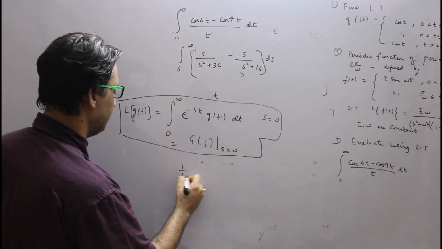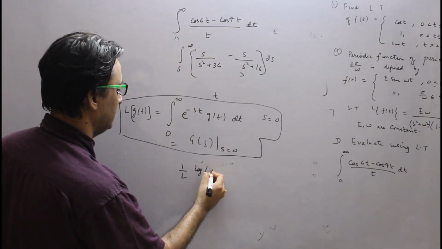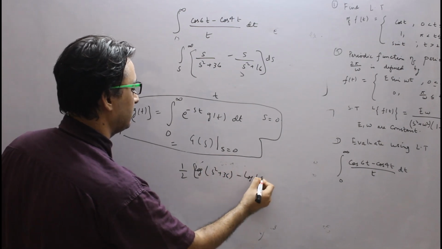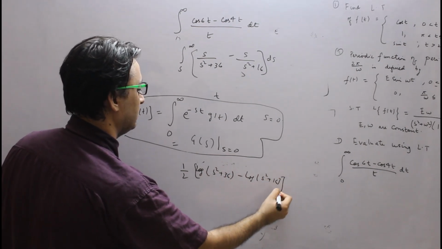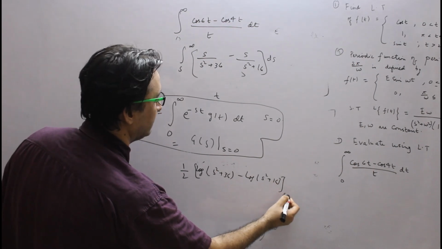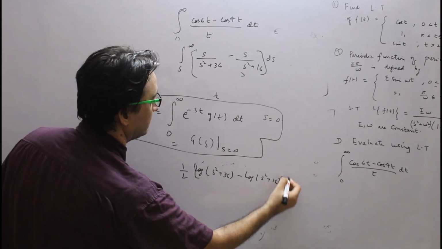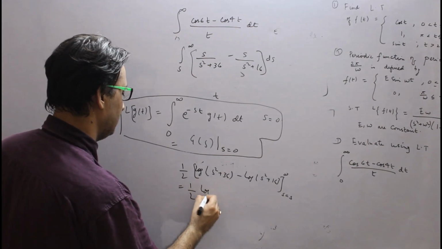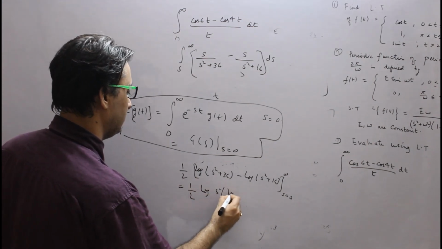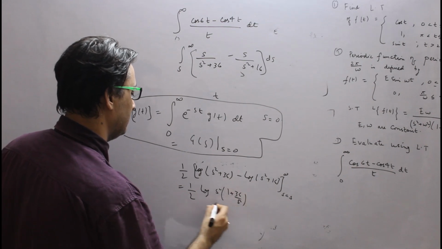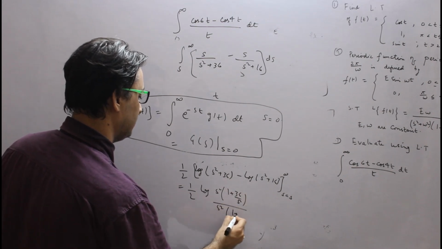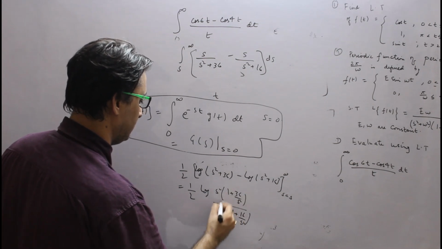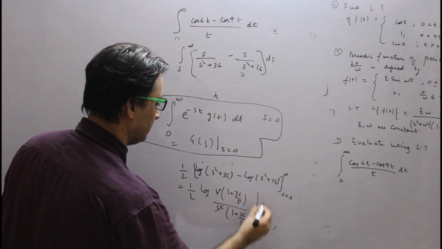So it becomes half log of s square plus 36 minus log of s square plus 16, and s varies from s to infinity. So what it becomes, half, if we take s square common, 1 plus 36 by s square divided by s square by 1 plus 16 by s square. So we can put the limits here.